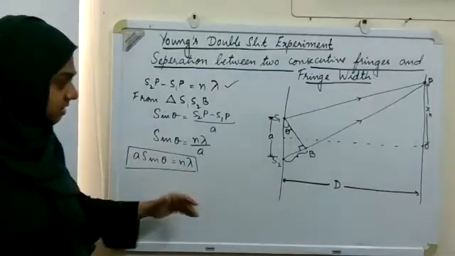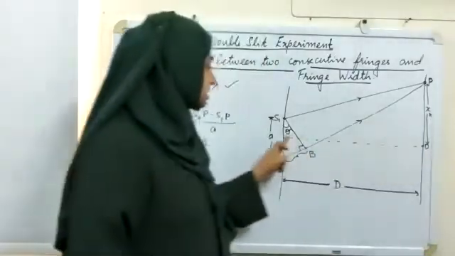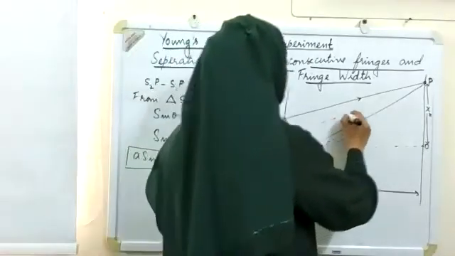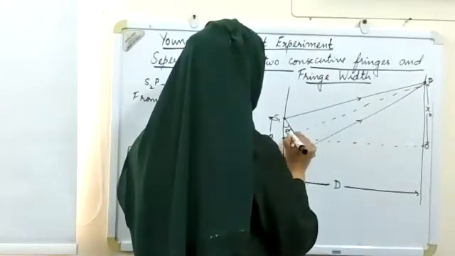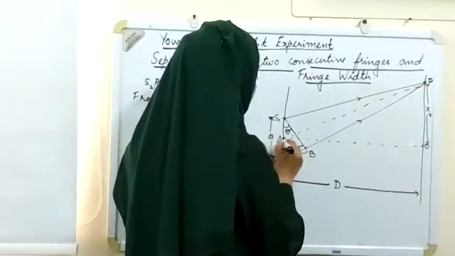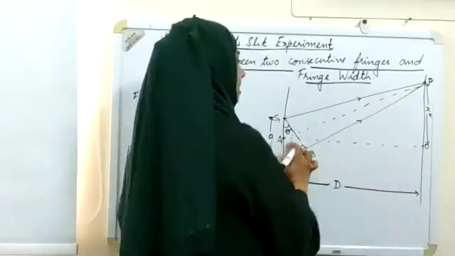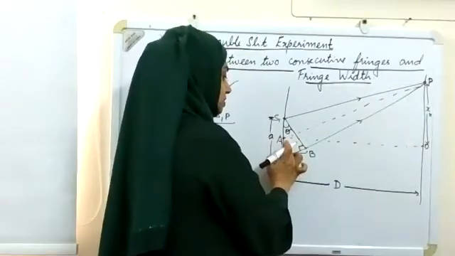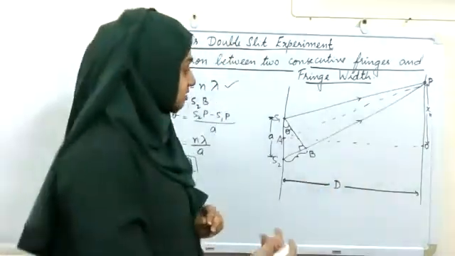Now let us continue. Here you can see this distance is d, right? Let me assume a line from this center, and mark it as a point A. AO is D. AP is the line connecting the center of the two slits and the point P where we have a bright fringe.